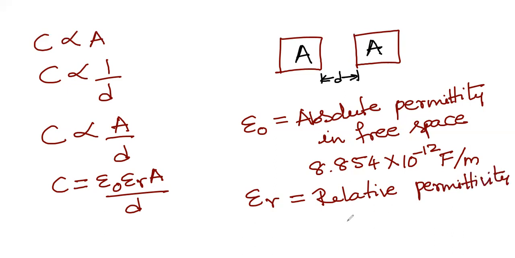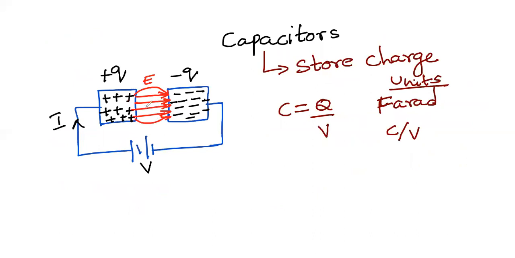So relative permittivity depends on what is called a dielectric. If we go back to our previous slide, here we have a dielectric. I want to label this. This is nothing but the dielectric.